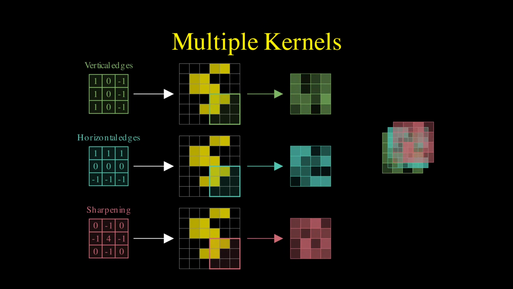If we have 3 kernels, we get 3 output maps stacked into a volume. H prime by W prime by C prime, where C prime is the number of kernels. And that's the key insight: the number of output channels is simply the number of kernels we choose to use. More kernels means more features detected.